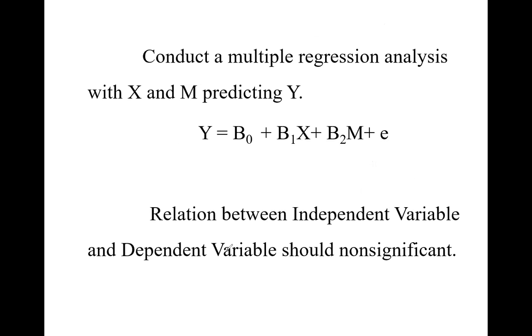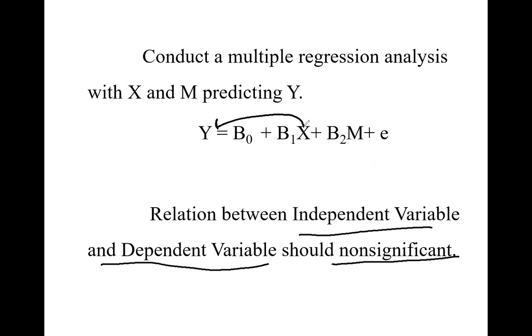Now we should keep in mind that the relationship between the independent variable and the dependent variable should be non-significant. The relationship between this and this should be non-significant, meaning the p value should be greater than 0.05.